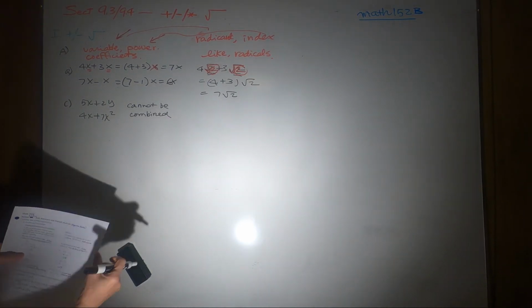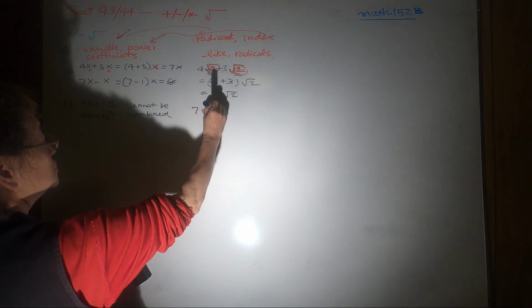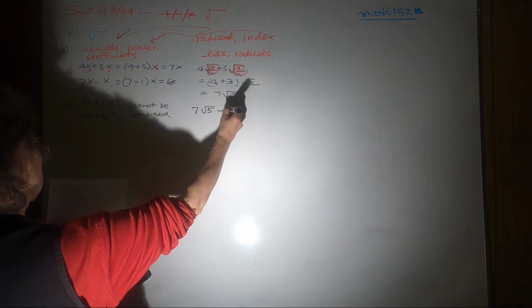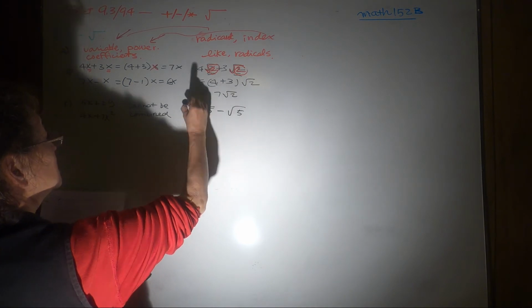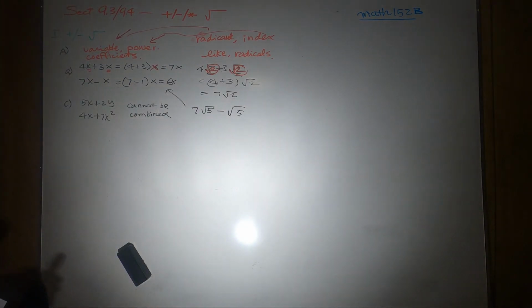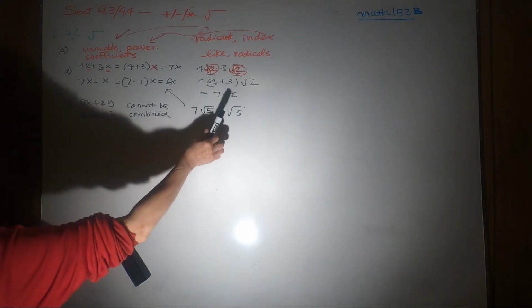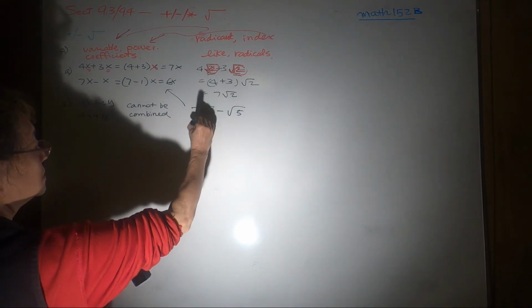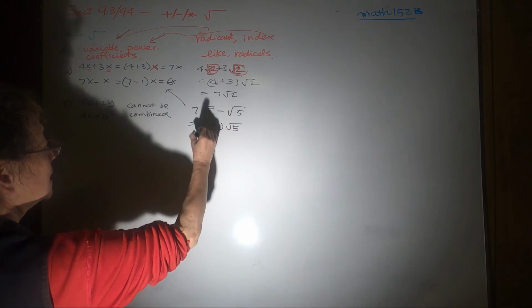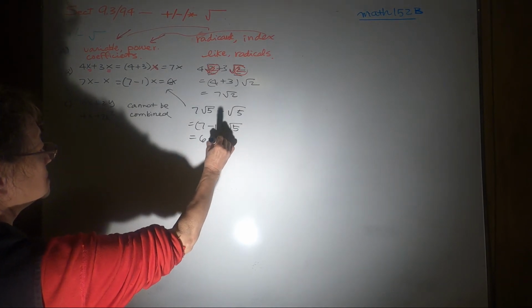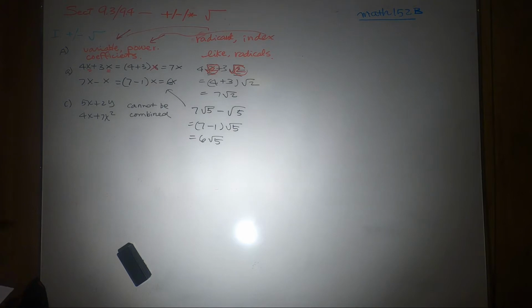Same thing for subtraction. If you have 7 square root of 5 minus square root of 5, square root of 5 is like your x, and it's 7 minus 1 of square root of 5, so the answer is 6 square root of 5.